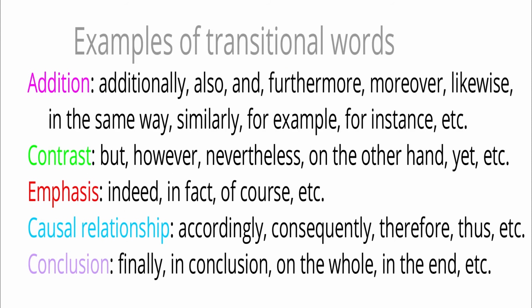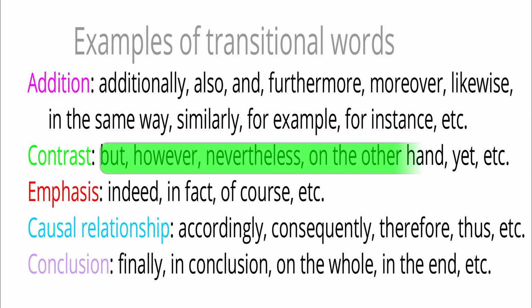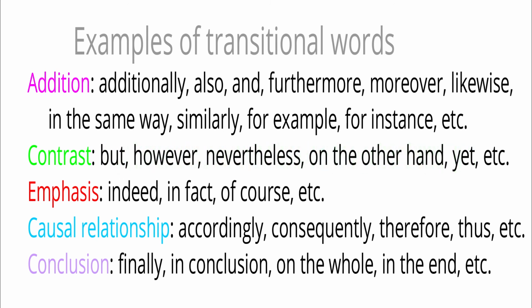Addition: additionally, also, and, furthermore, moreover, likewise, in the same way, similarly, for example, for instance, etc. Contrast: but, however, nevertheless, on the other hand, yet, etc. Emphasis: indeed, in fact, of course, etc. Causal relationship: accordingly, consequently, therefore, thus, etc. Conclusion: finally, in conclusion, on the whole, in the end, etc.